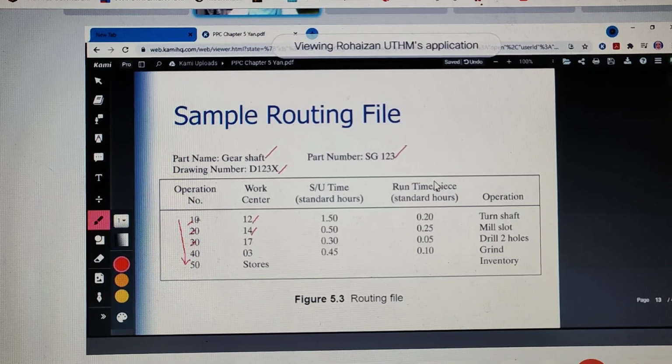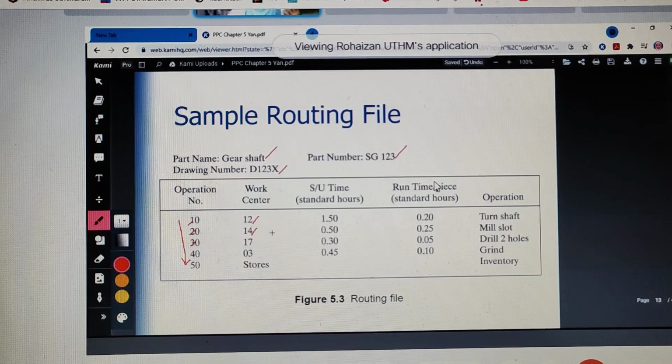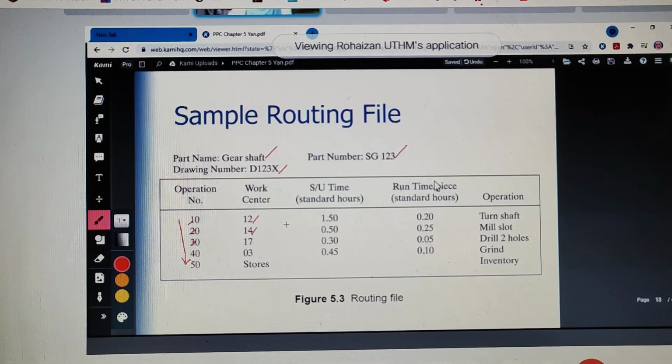After 10, 20, 30, 40, then we go to stocks. And here is the number of work centers used. This is the setup time for each work center. Before we run the production, we need to do some setup.